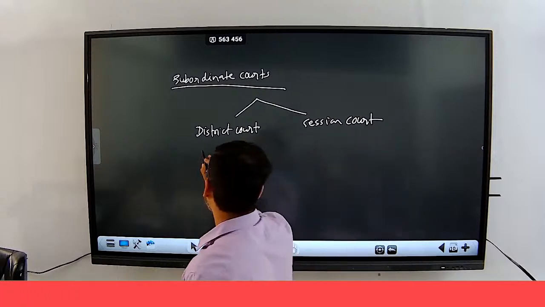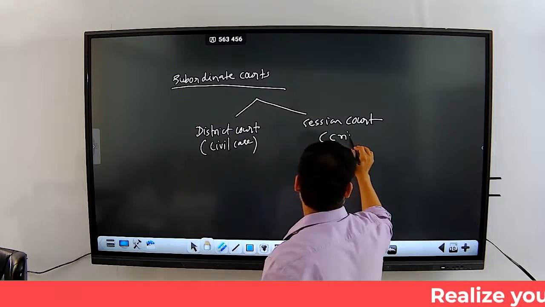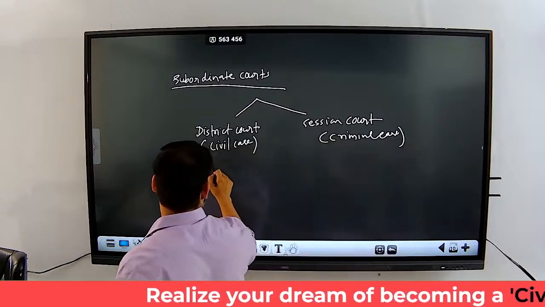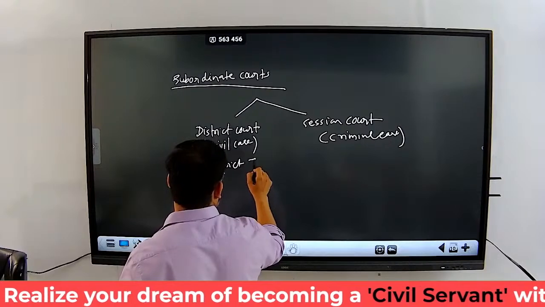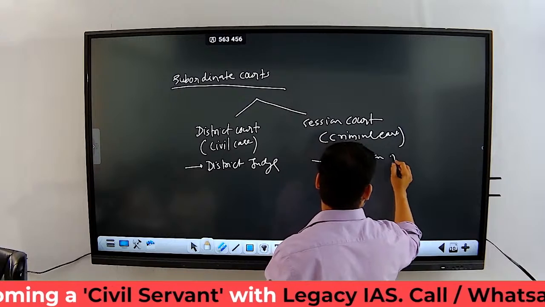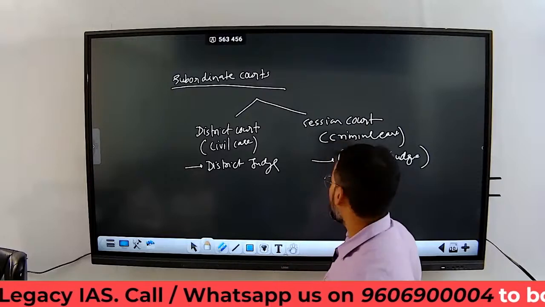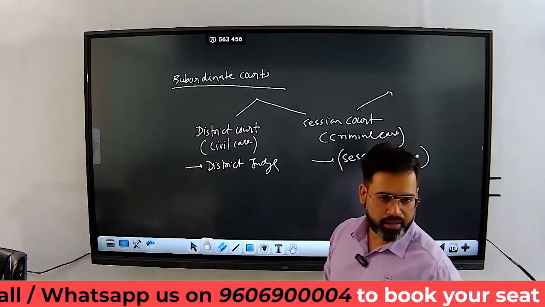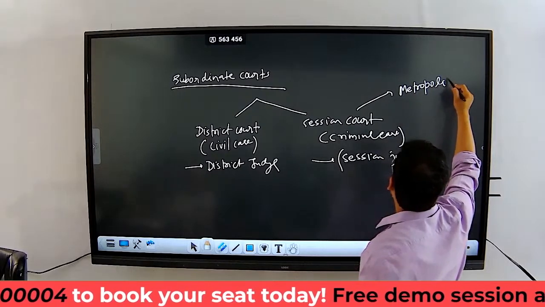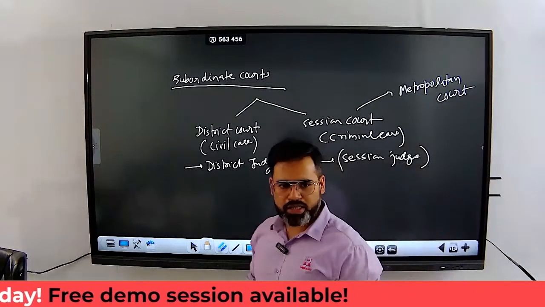This is for civil cases, and this is for criminal cases. The person here is called District Judge, and this one is known as Session Judge. If it is a metro city, like Delhi, it will be called a metropolitan court. Same, it will be called a metropolitan court then.